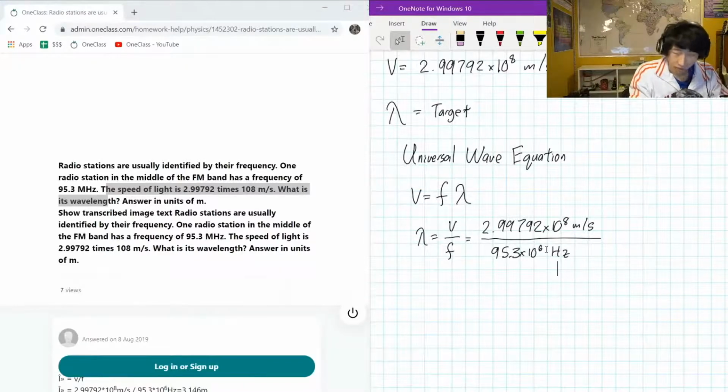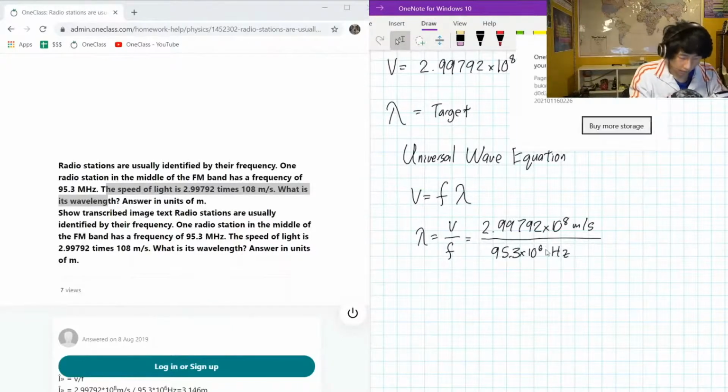So with the maximum precision level, 2.99792 times 10 to the power of 8, divide that whole thing by 95.3 times 10 to the power of 6 for megahertz.